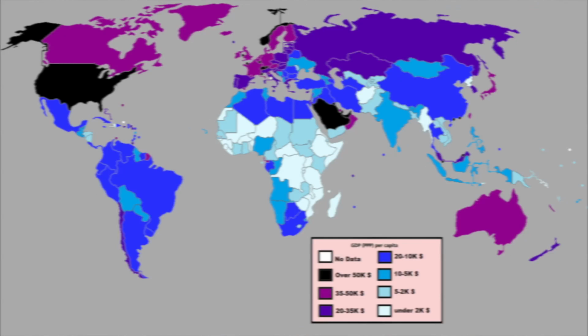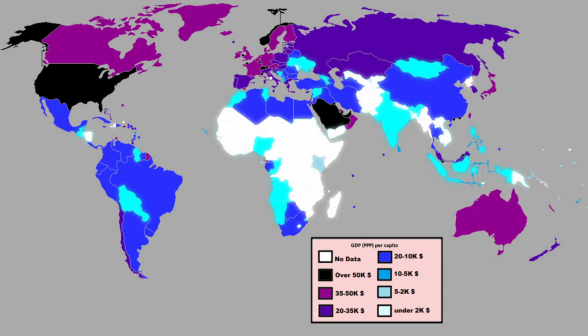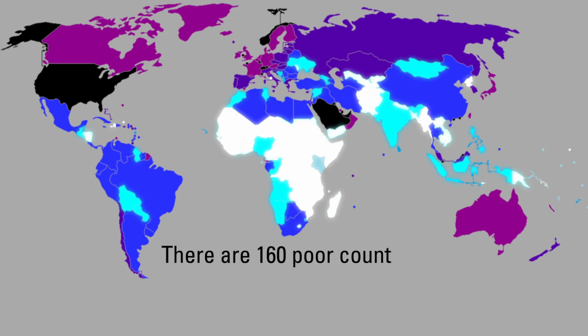This is not about whether a country is desirable to live or not. This is purely the World Bank definition. According to World Bank, they draw a line of the average per capita income in the world. Any country which falls below that average is supposed to be a poor country. And according to that definition, there are 160 poor countries in the world.